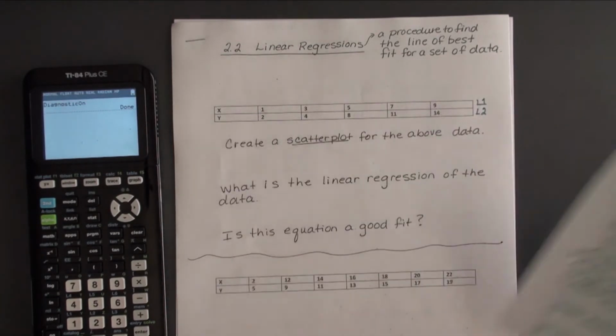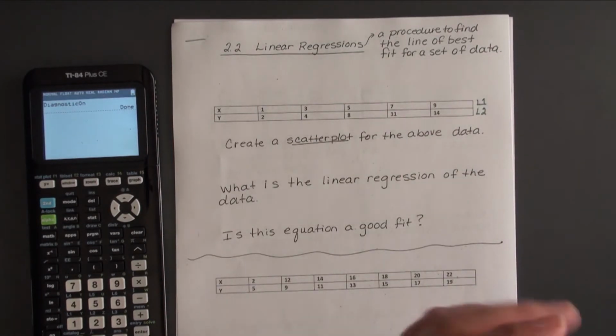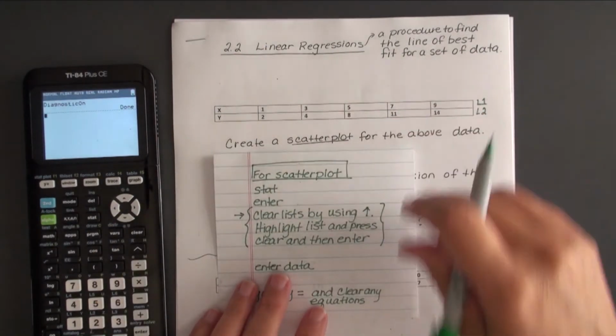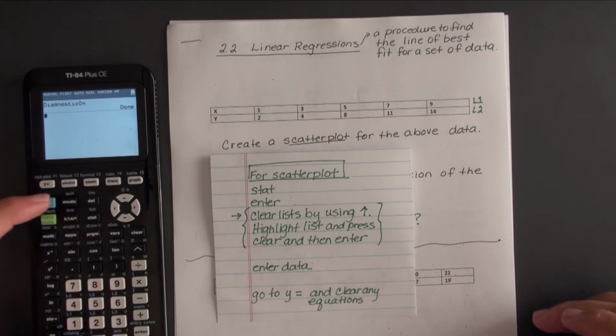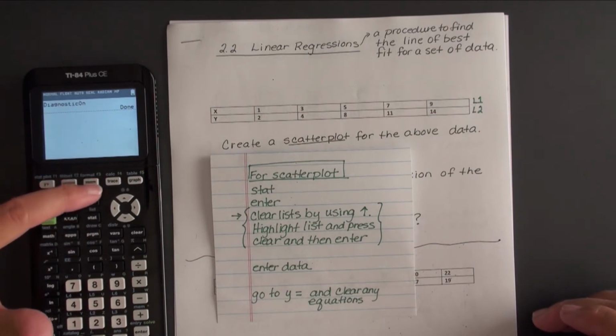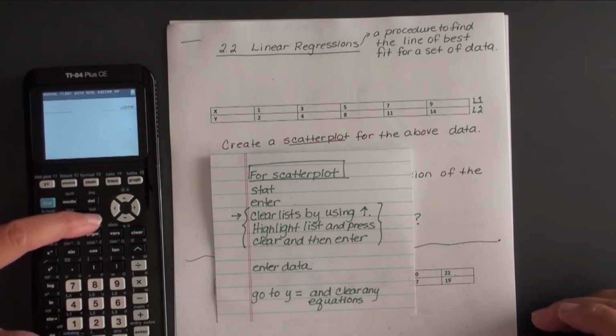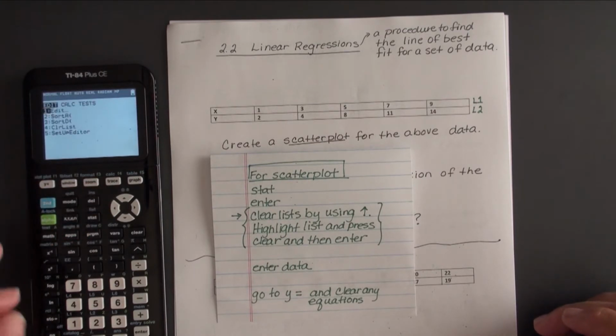The first thing that you'll want to do, and this is just to make the scatter plot, is press stat. The stat is the third button down. If you look at the zoom, it's the third button down. Press stat, and we're going to edit the numbers that are in our table.